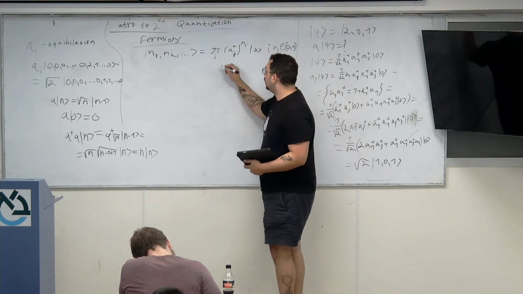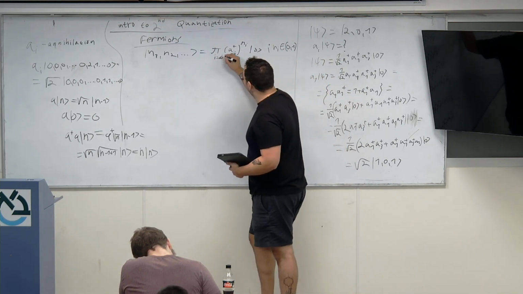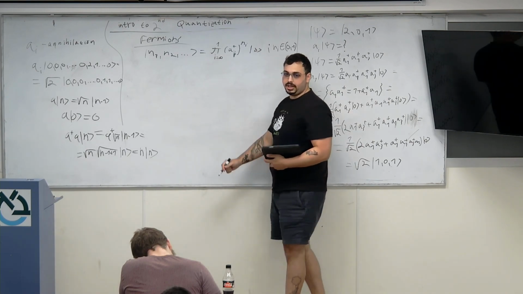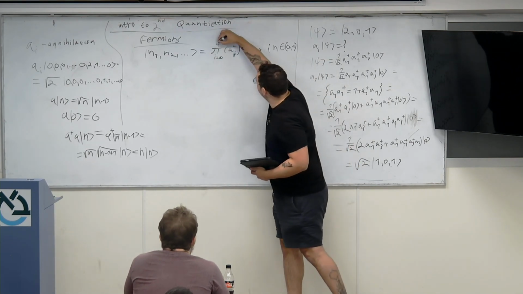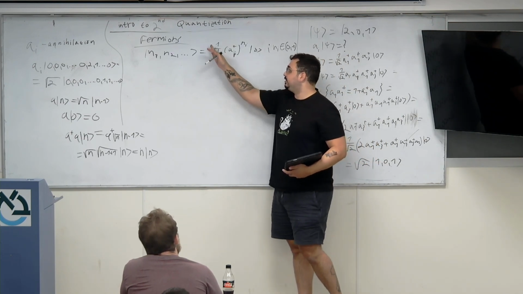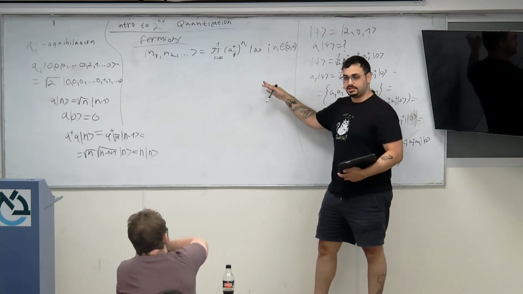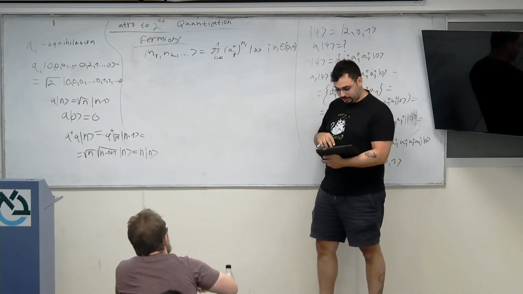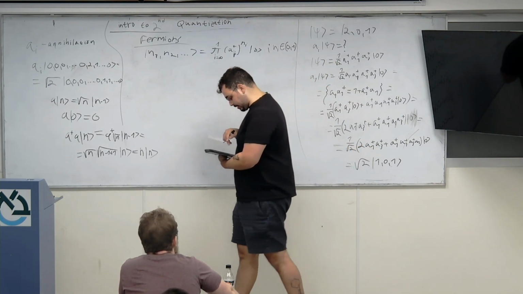I'll start the multiplication from infinity to 1 here. We'll see why that is in the soon up and coming exercise. We'll just keep that in mind.